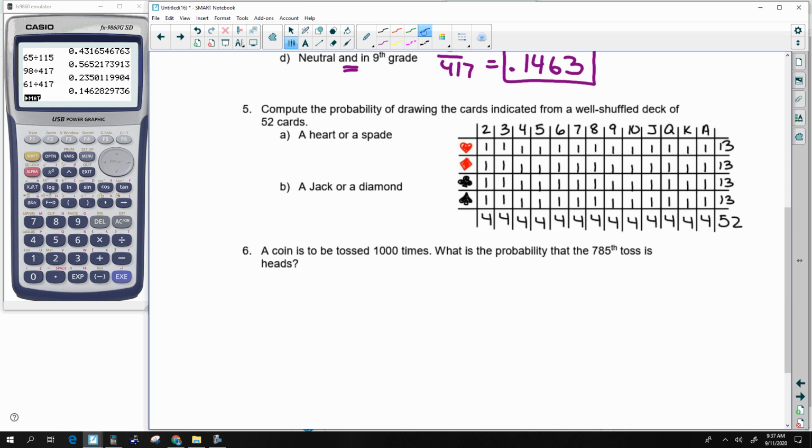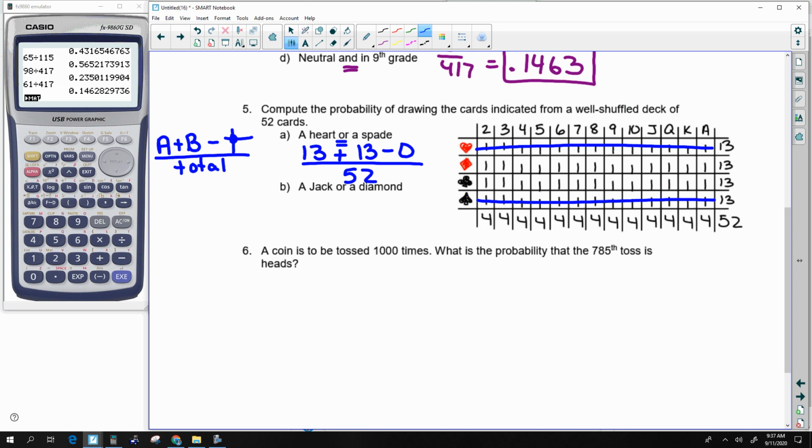In essence, these are still table problems dealing with the word or. Again, or is you add them up and subtract the intersection, out of the total. So here we have a heart or a spade, minus any intersections out of the total.